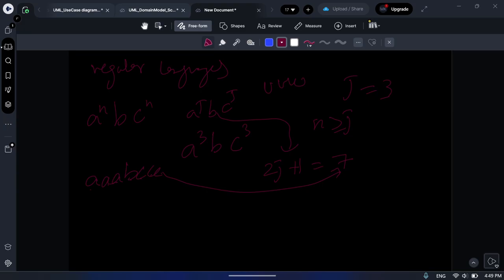Based on that, the opponent tries to split it, and they must pick a split where the length of UV is less than or equal to 3, and the length of V is greater than or equal to 1. Since the 3 letters are AAA, they have no choice but to take A's for their pump. They choose this split: U, and then V, and then W is the rest.